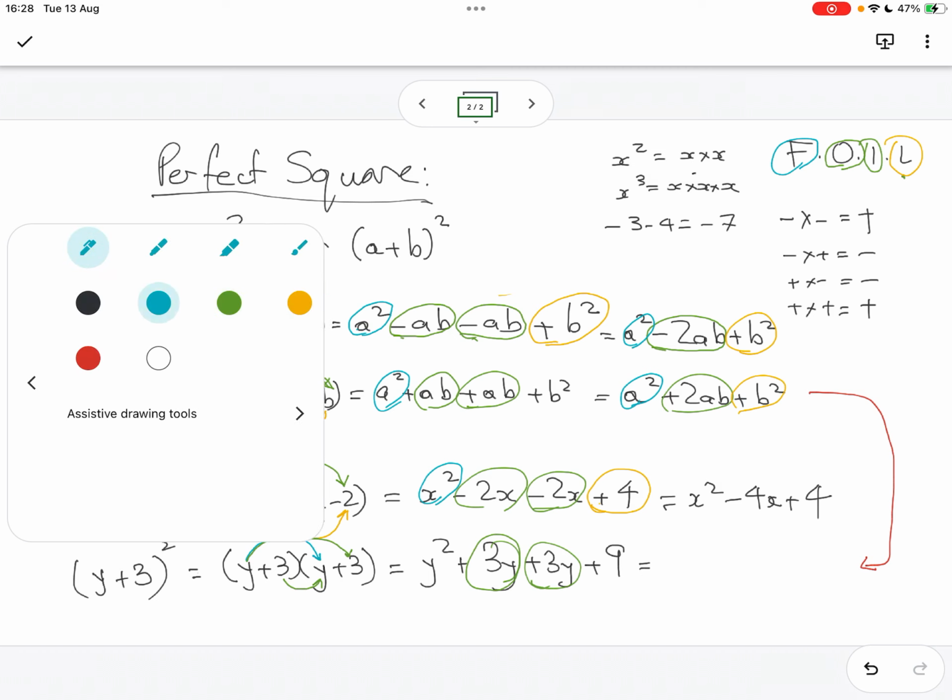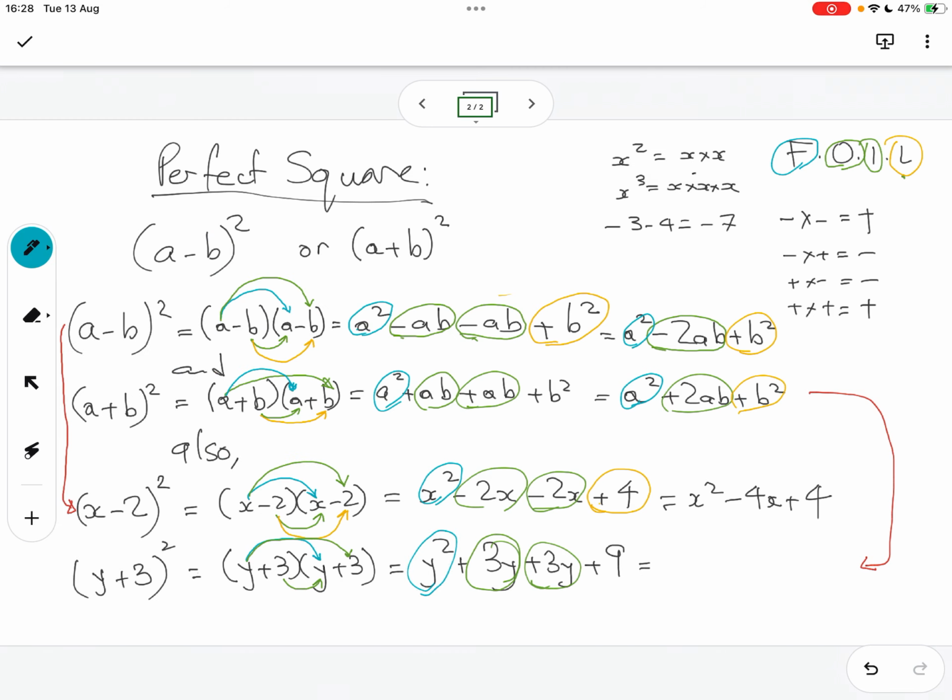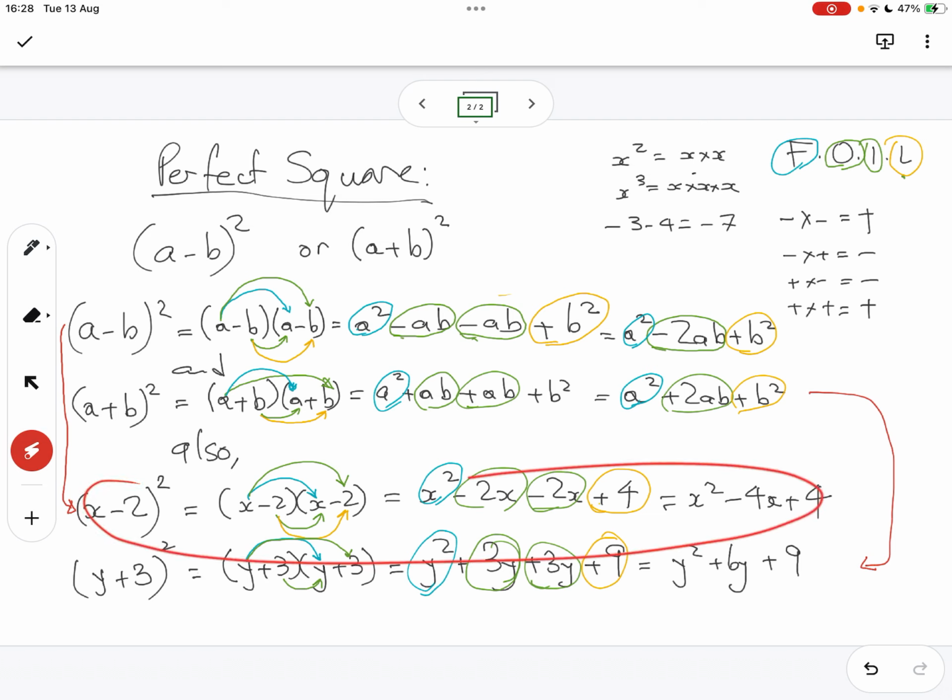So that means we'll have that and that and that. And then this becomes y squared plus 6y plus 9. So we've just done the same thing here as we did up there.